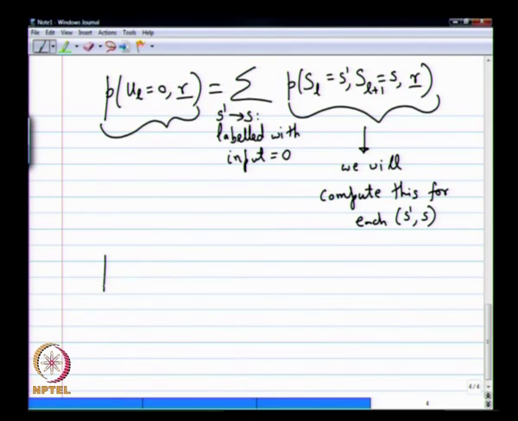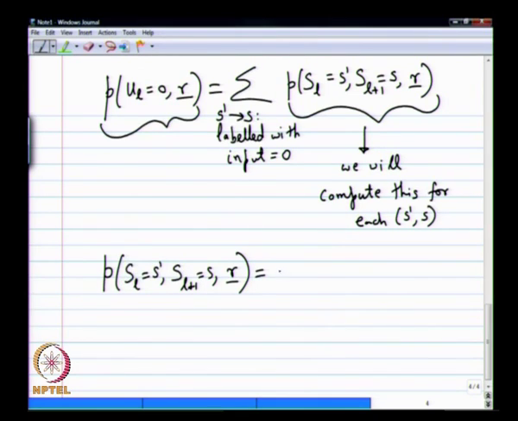You can show, as a simplification of this, that the probability that S_L equals S prime, S_{L+1} equals S, comma the entire vector R, can be written as a product of 3 terms. These 3 terms are very commonly called alpha, gamma, beta.